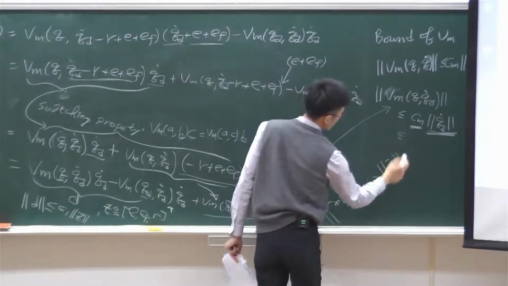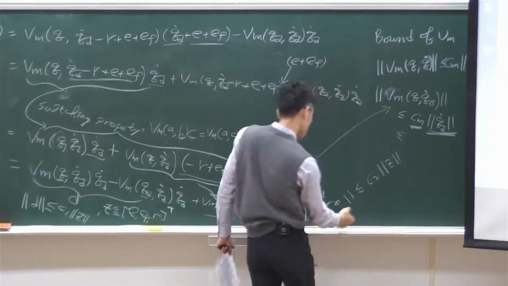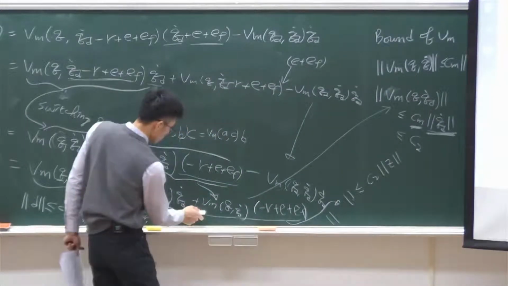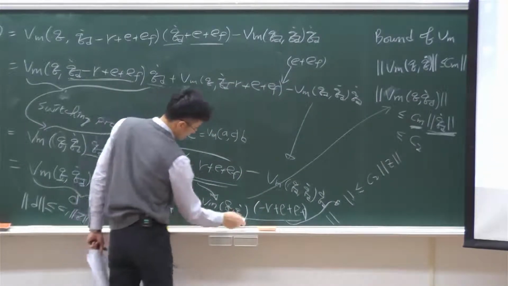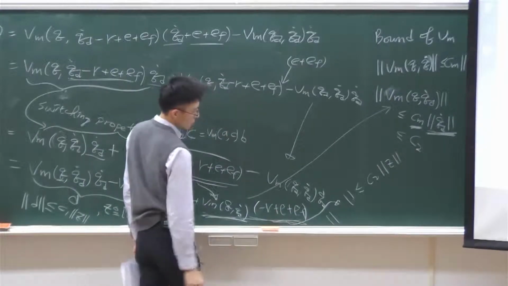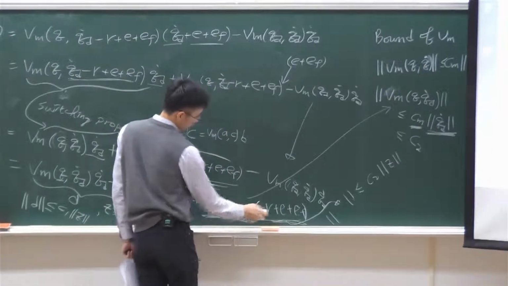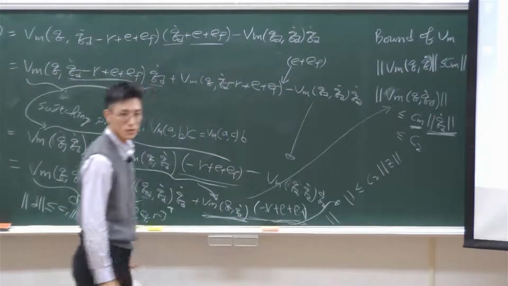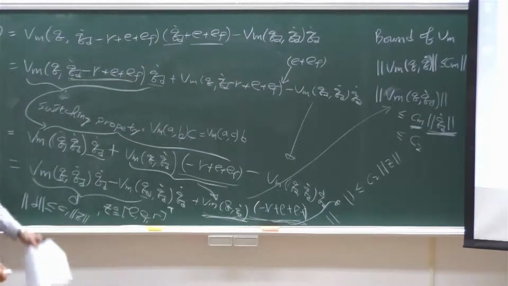So it can be upper bounded by C2, another constant. The norm of this can be upper bounded by a constant, and this can be upper bounded by the Z norm. So the product of these two can be upper bounded by C2 times the Z norm. And that's in the notes, on the bottom of the second page.